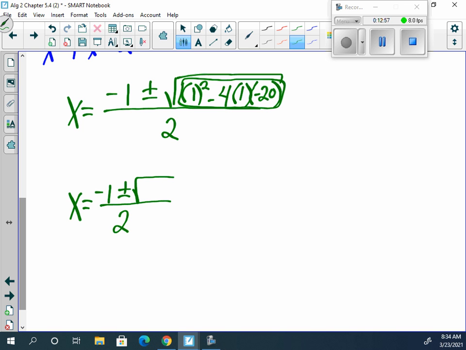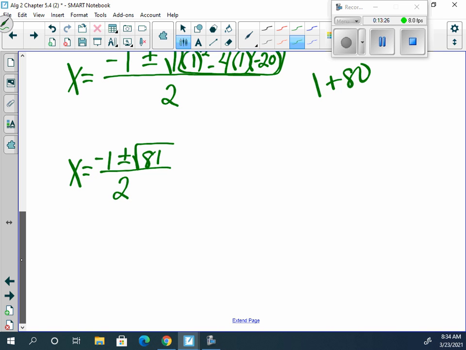And if we do that, we would get, because 1 squared is 1, negative 4 times 1 is negative 4. Negative 4 times negative 20, well, the negative and negative would give us a positive, 4 times 20, which is 80, and 80 plus 1 is 81. Now, can I take the square root of 81? And it is 9.